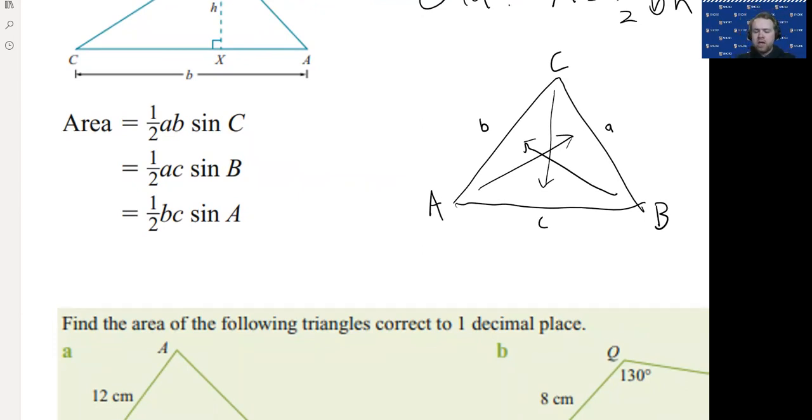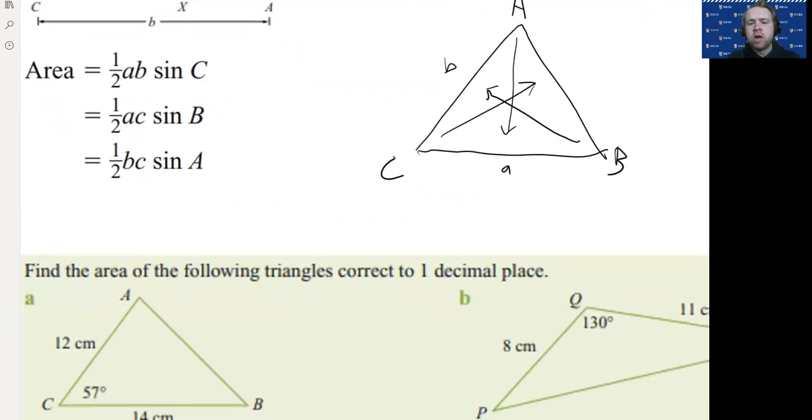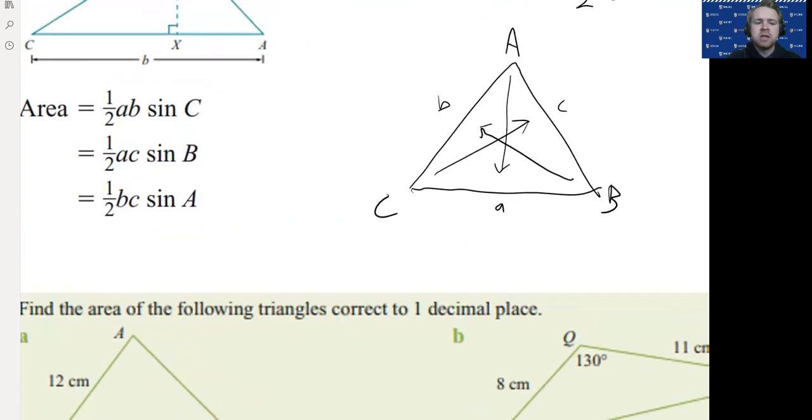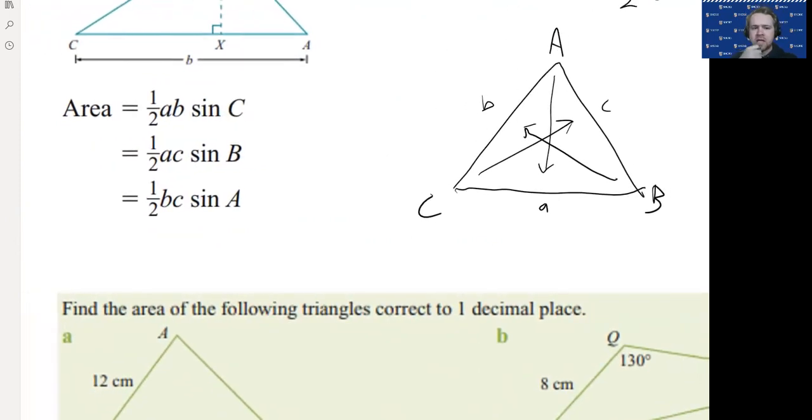There's no reason why I can't change these so that the top one is now A and the bottom side is lowercase a. The reason we've repeated this formula several times is that it doesn't matter which one's A, which one's B, which one's C. What does matter is that you have two sides and then the angle in between them.